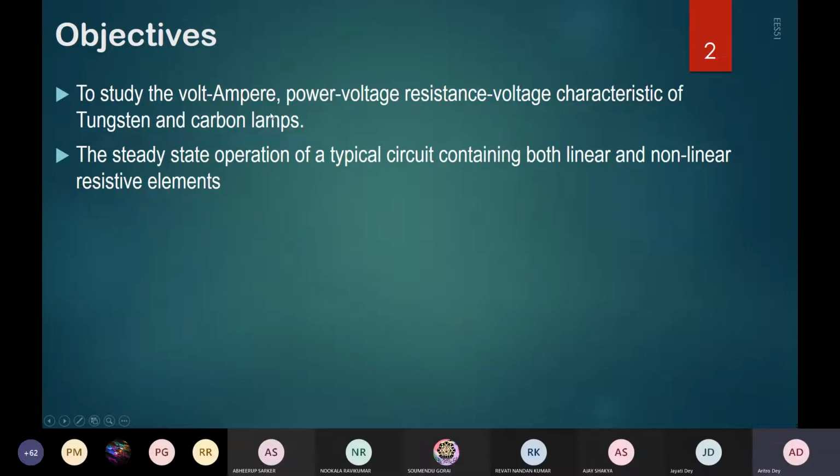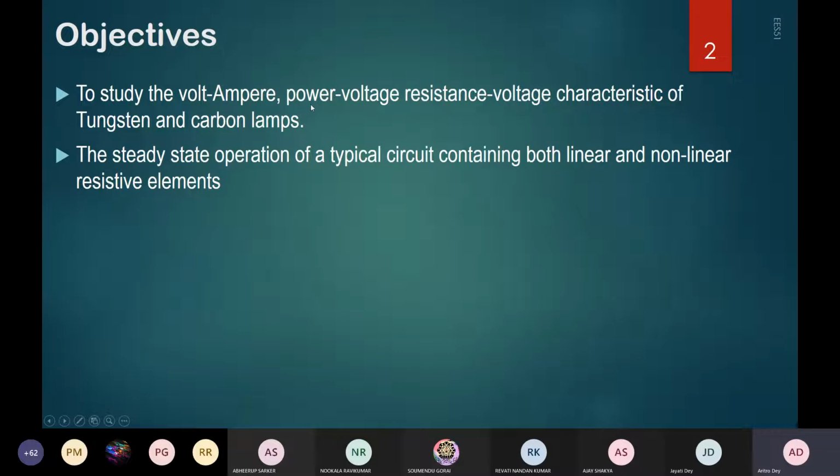So first one is obtaining the VI characteristics, and once we obtain the VI characteristics, we'll verify that whatever we are getting, it is demonstrating a non-linear resistive circuit. So your resistance of tungsten and carbon filament lamp, they are not linear in nature.